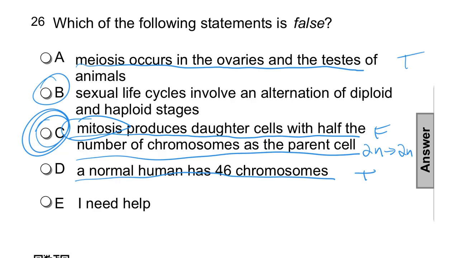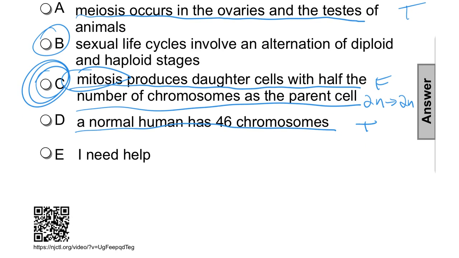Let's go back to letter B. What do I mean? So in our life cycle, from formation of a zygote to your whole life, when you're making sex cells and somatic cells, we start as a zygote, which is 2N diploid, and then the zygote divides many times by many mitoses until you're a person.